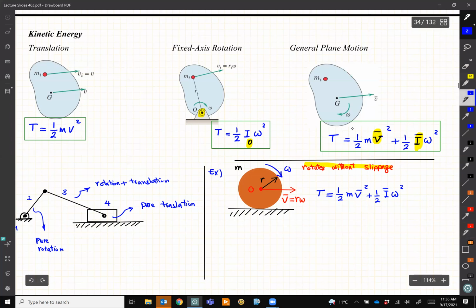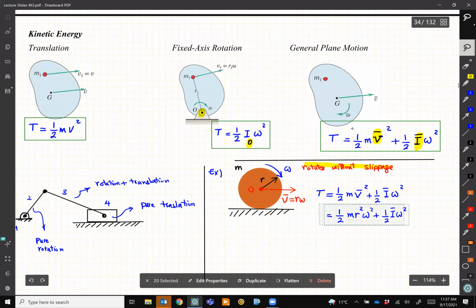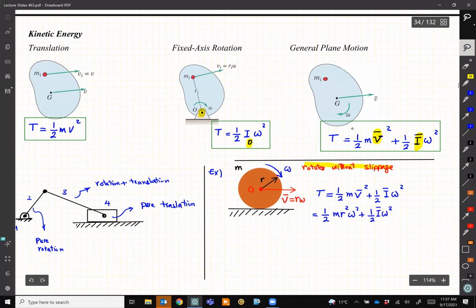So if I replace V bar with that, I will see half of M R squared omega squared plus half of I bar omega squared. If I simplify this, I will have half of (I bar plus M R squared) omega squared.